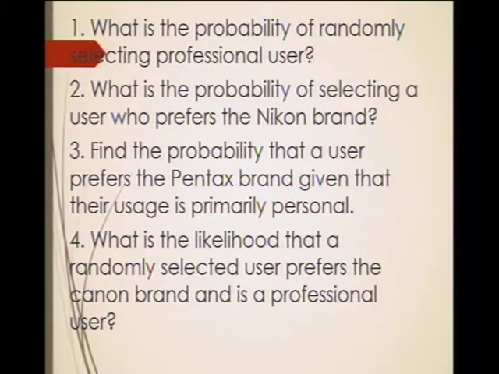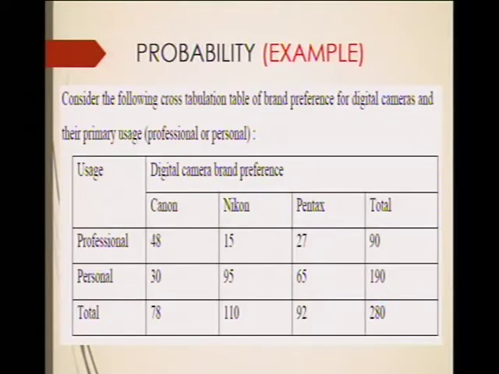Like the first one, it says, what is the probability of randomly selecting a professional user? If you look at usage, you have Canon, Nikon, Pentax, and then you have the totals. And also you have the professionals, you have personal, and then you also have the totals.